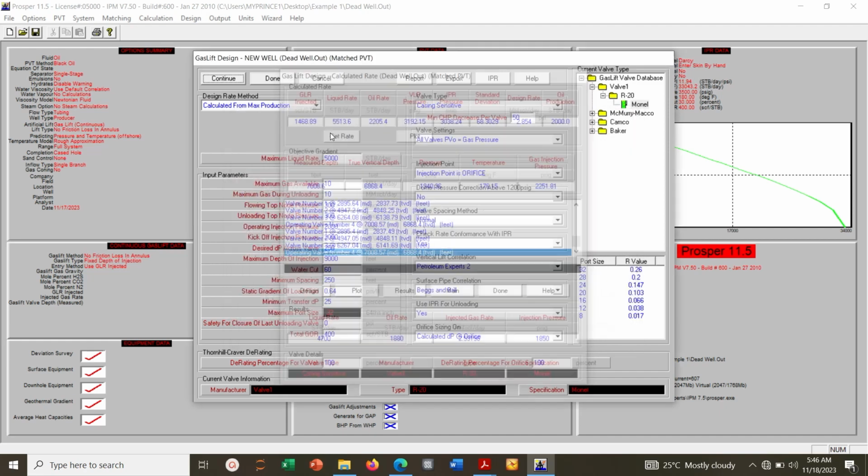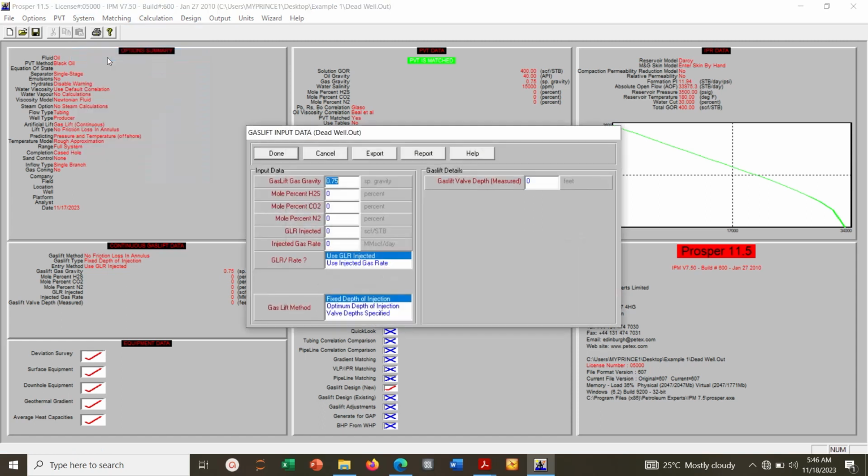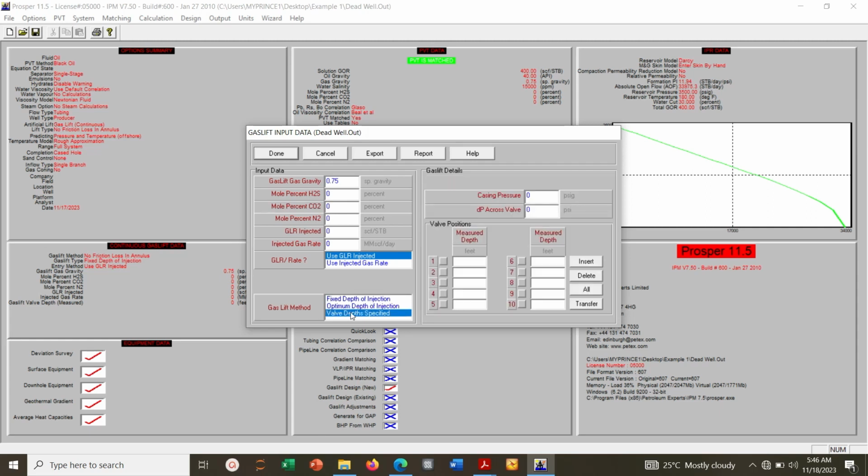So let's quickly go to System, Gas Lift, and choose valve depth specified, pressure 1,800, differential 250.